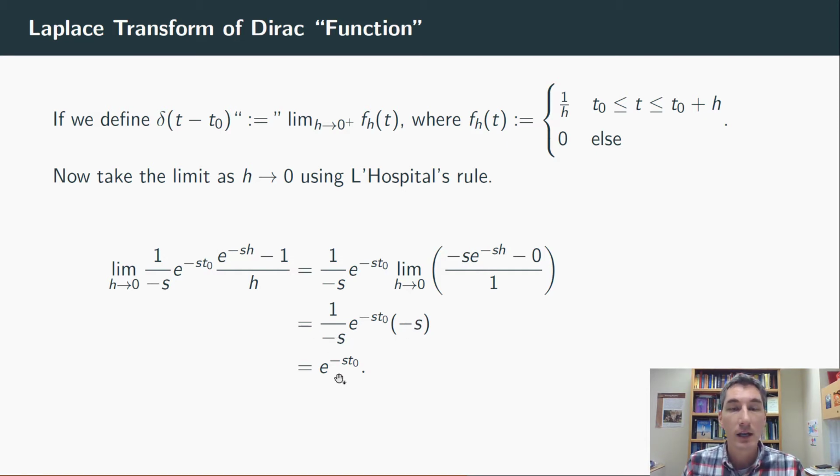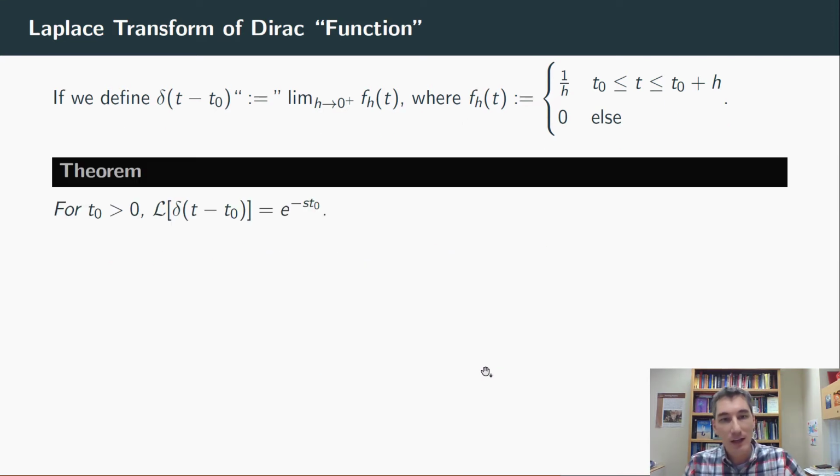And so the limit as h approaches 0 of the Laplace transform of fh is just e to the minus st0. And so essentially, for any t naught bigger than 0, the Laplace transform of this Dirac delta function is defined to be e to the minus st0.